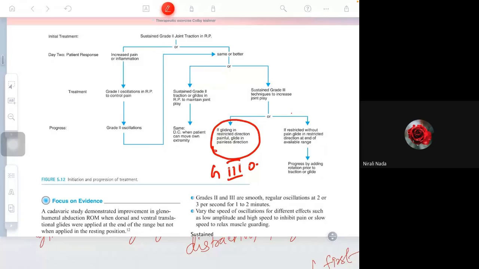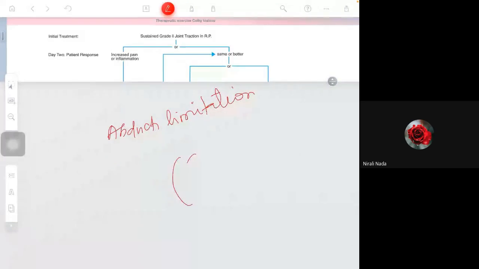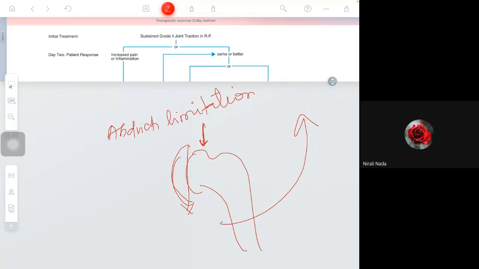What is restricted direction? Suppose the patient is coming with abduction limitation, abduction range of motion limitation. What is restricted gliding for this patient? Inferior gliding is the restricted gliding. Because if the gliding is normal, abduction will be normal.